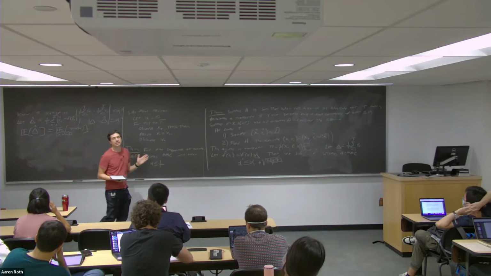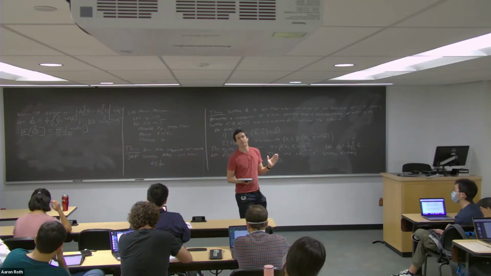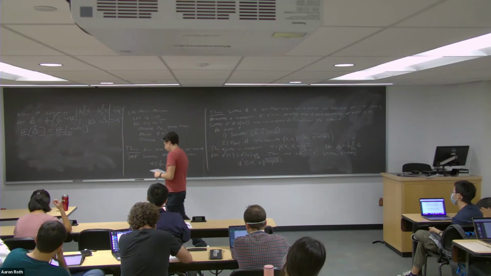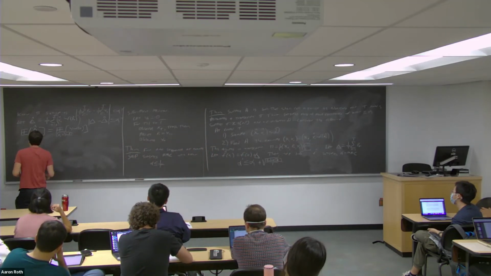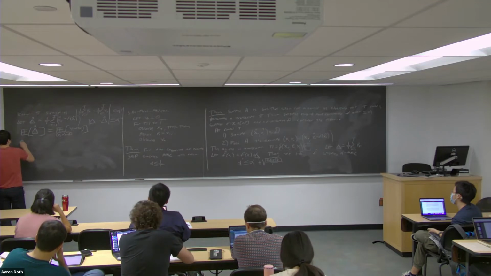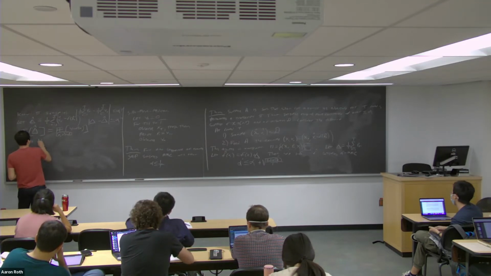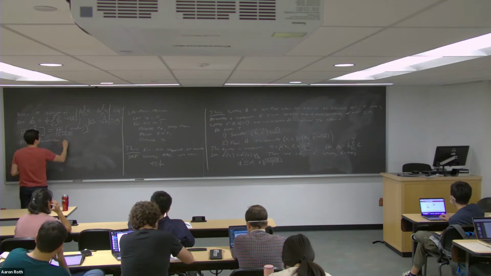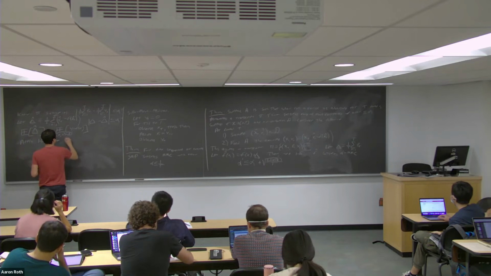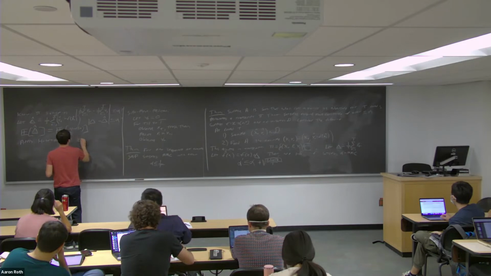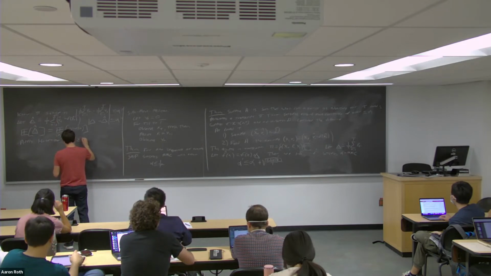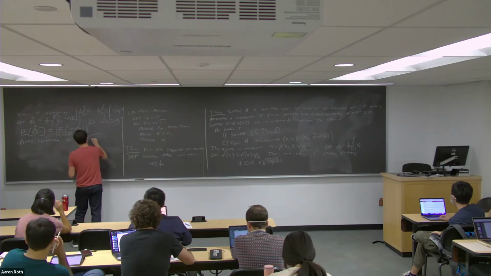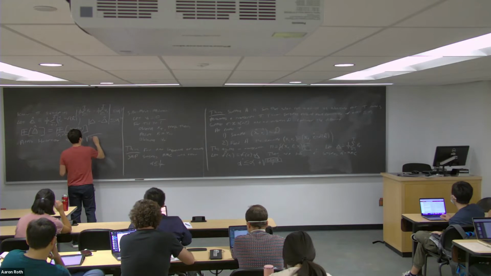Hoeffding's inequality tells us that with high probability, the empirical average is close to the expectation. So in particular, we can apply Hoeffding's inequality with the choice of our error parameter to be the square root of 2 log 2 over delta over t.